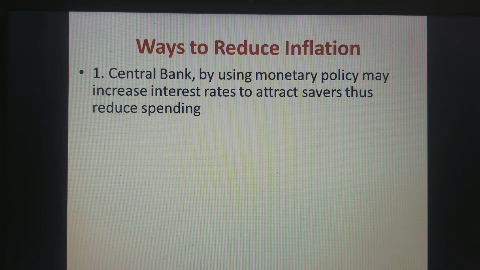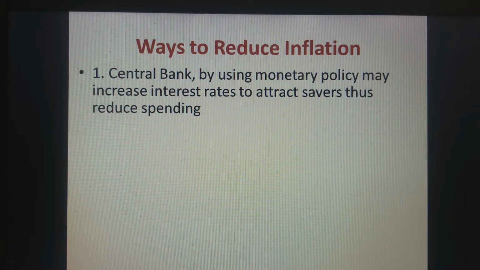When the central bank uses monetary policy to increase interest rate, what they're doing is attracting savers. When savers are getting more interest on their money when they save it, they'll be more inclined to put it in, because everybody wants a return on their money. So if there is more interest to be earned by putting money into a savings account, more people are going to want to put their money into the bank.